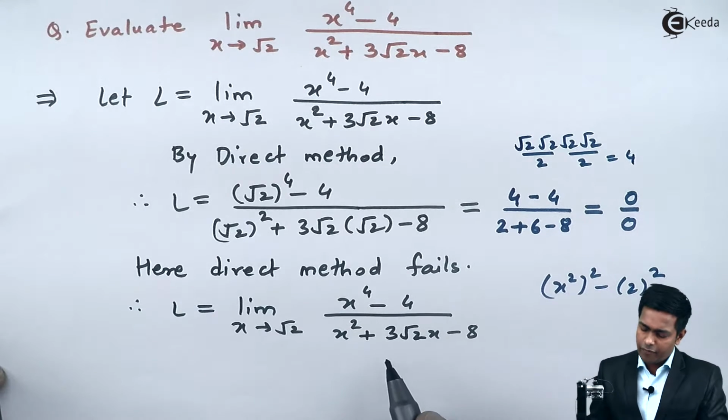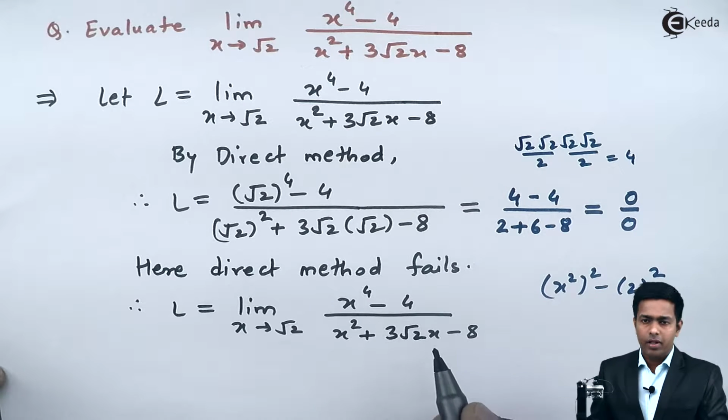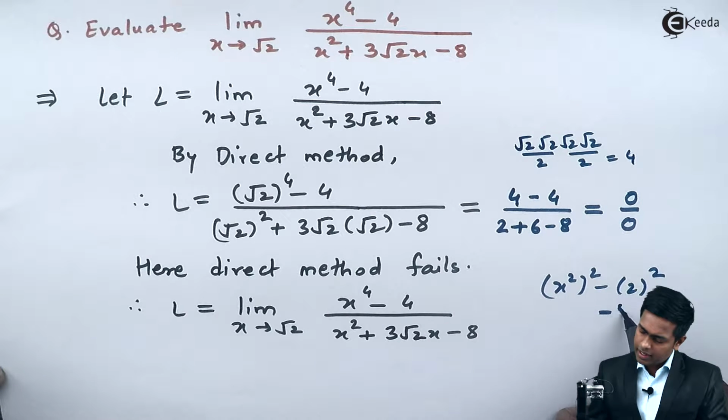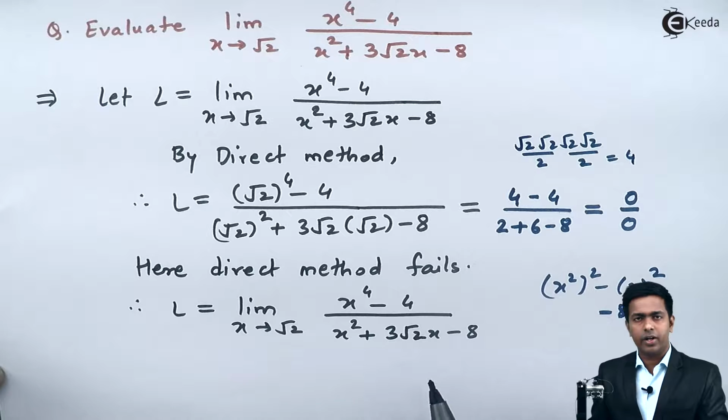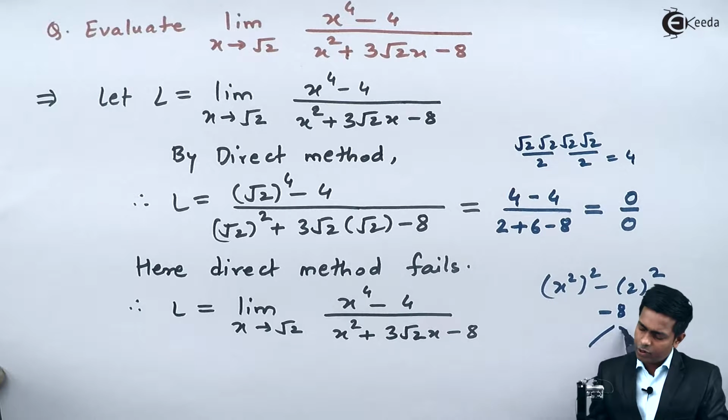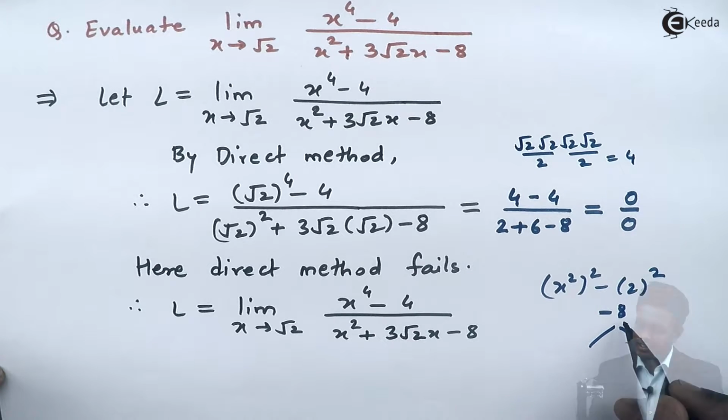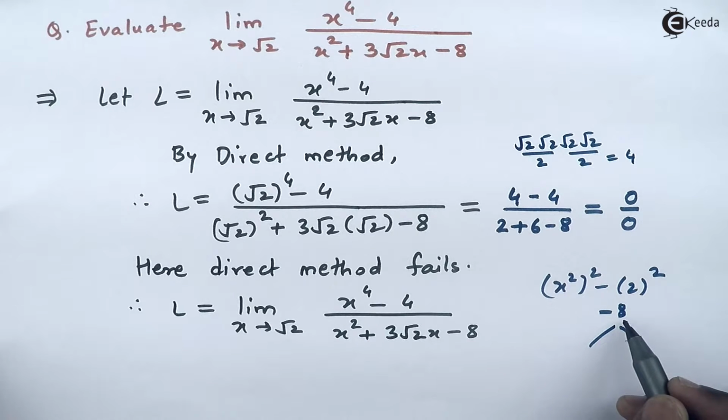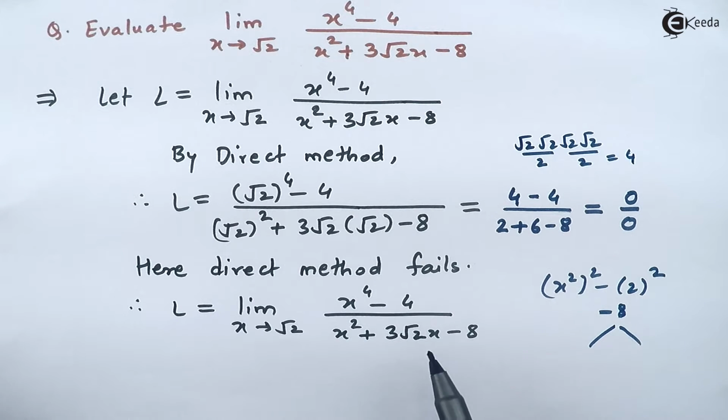Now similarly, if we observe the denominator, we have minus 8 and we have a quadratic equation. So we'll try to find out the factors of this quadratic equation, and if we get the factors, then we'll cancel those factors with the factors in the numerator and we can get the answer.